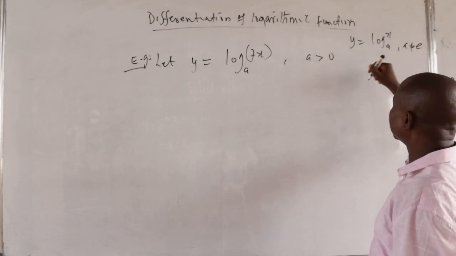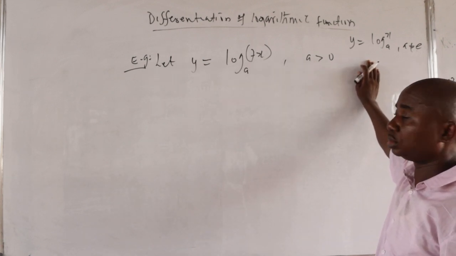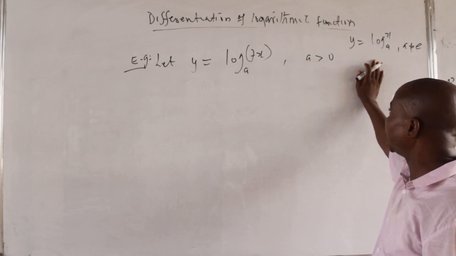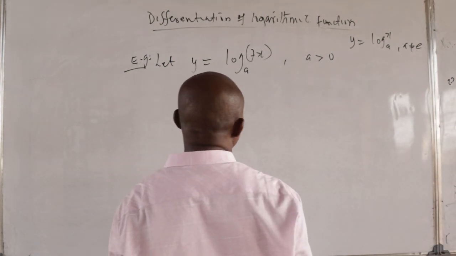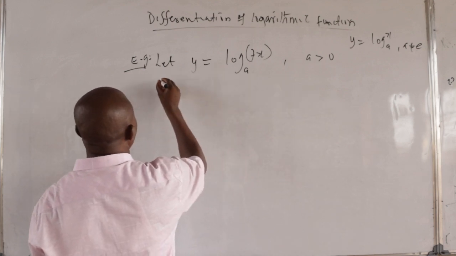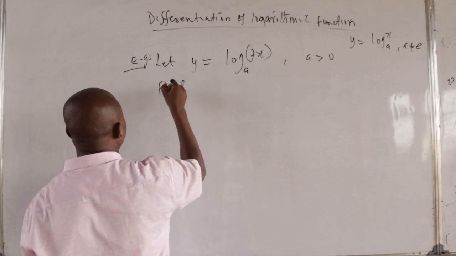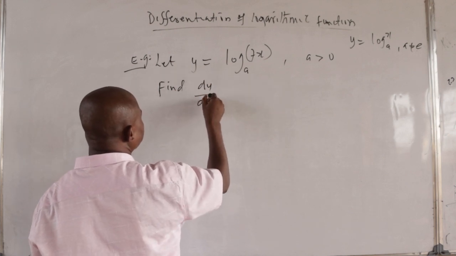The requirement is that a has to be a positive number so that it makes sense to deal with the log to base a. Okay. Here our goal is to find the derivative of y with respect to x.